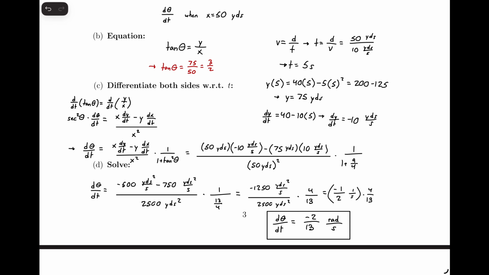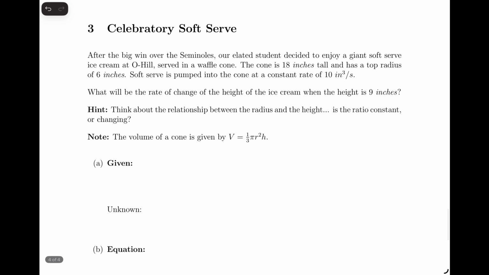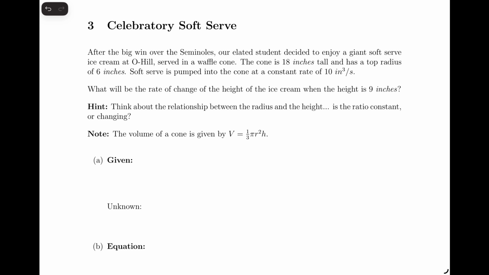Okay, done with number two, so let's give the third and final one a shot. Celebratory soft serve. After the big win over Florida State, the same student decides he wants to enjoy a huge soft serve ice cream at O-Hill in a waffle cone. This cone is 18 inches tall and has a top radius of 6 inches, and its soft serve is pumped into the cone at a constant rate of 10 inches cubed per second.